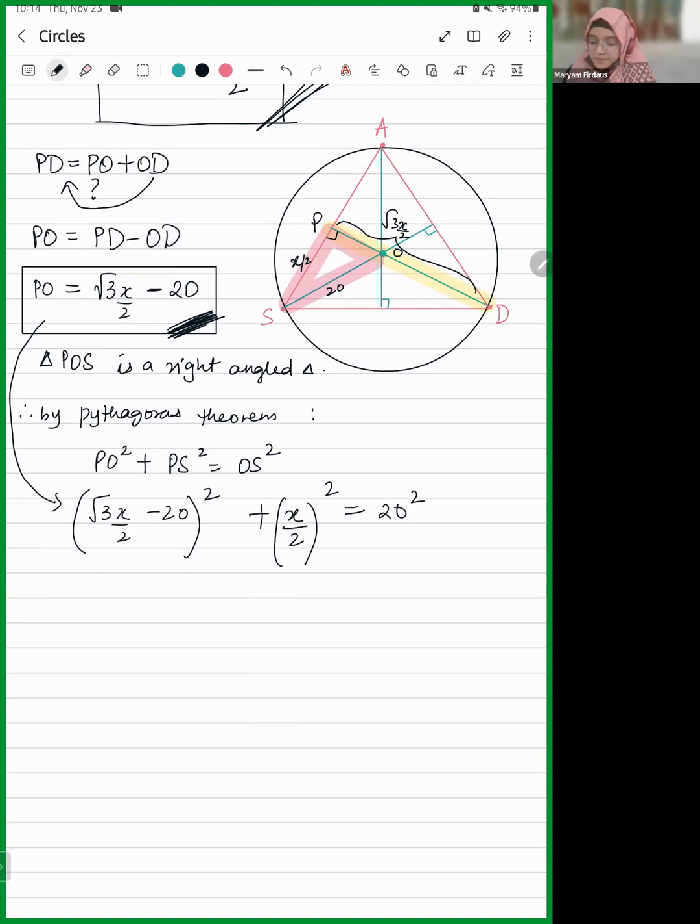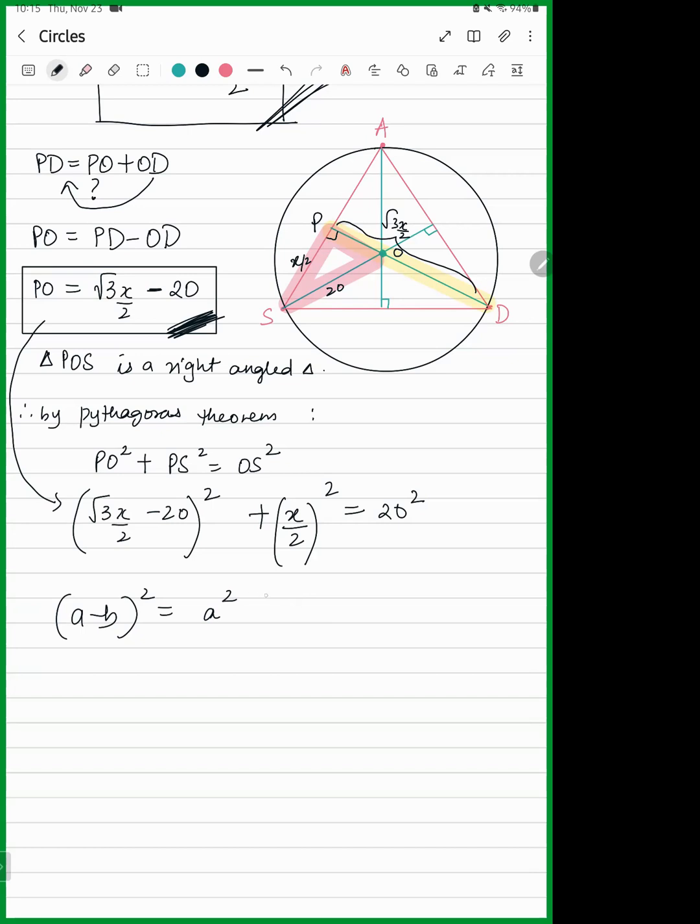Now we just expand this bracket. Who will tell me what a minus b whole square is? It is a square plus b square minus 2ab.